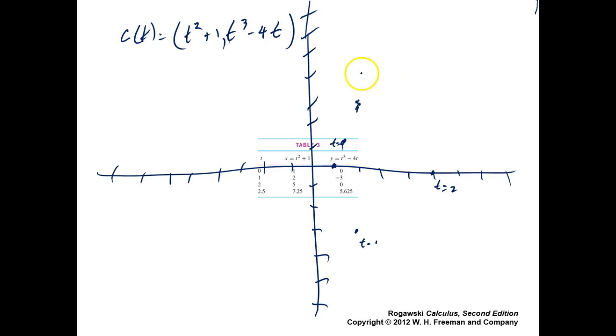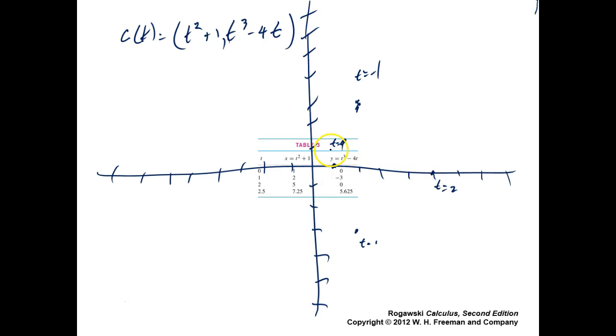That's t equals negative 1. And t equals negative 2, I bet you it's going to be 5 again, isn't it? 5, and then what do you get? 0. Okay, so it comes back here.